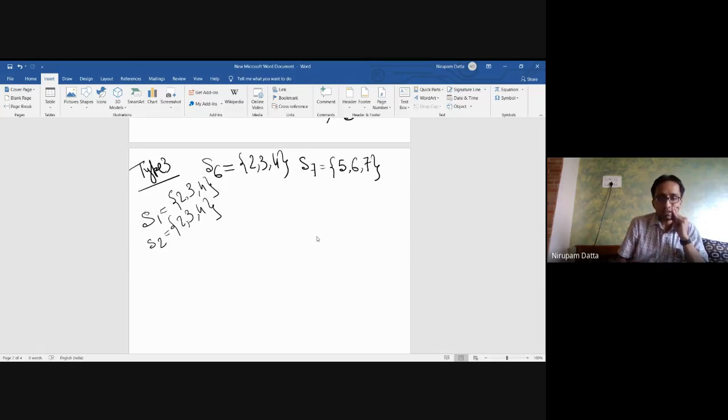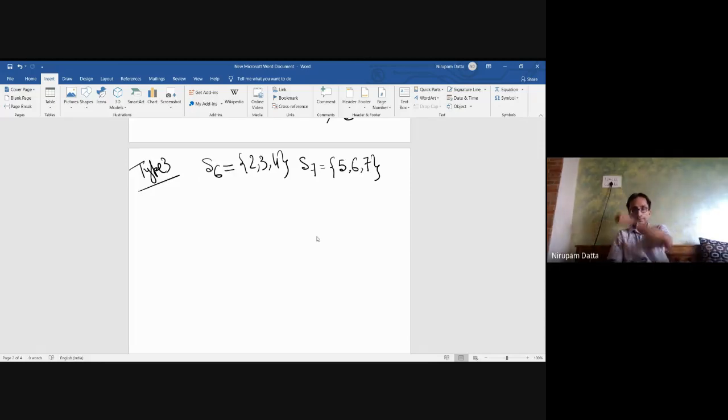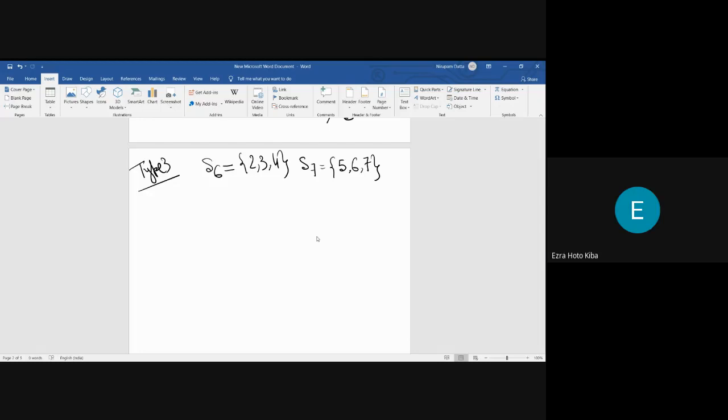So are S6 and S7 containing the same elements? No, sir. Then they are not equal.